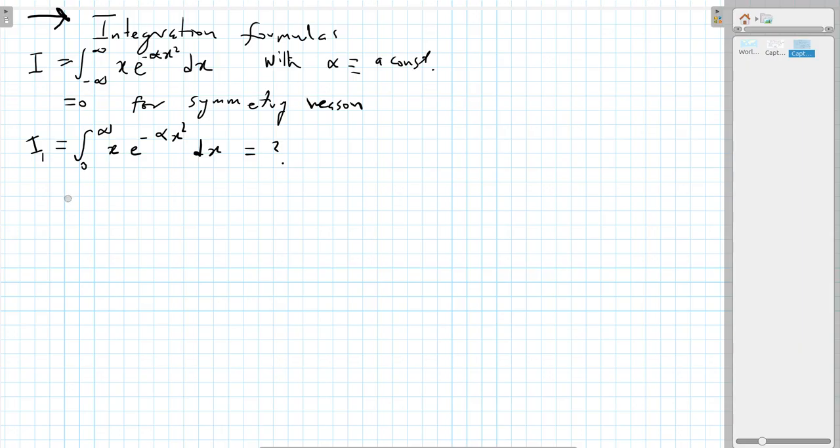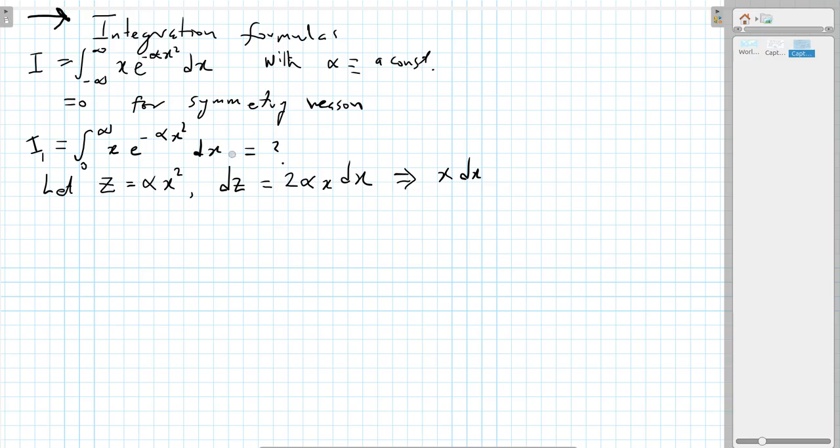So we change variable because of this symmetry here in the exponential. So we're going to let variable z be equal to alpha x squared. Once this is the case, you can find dz is going to be 2 alpha x dx, such that then we can substitute x times dx, which is showing up in the integration.